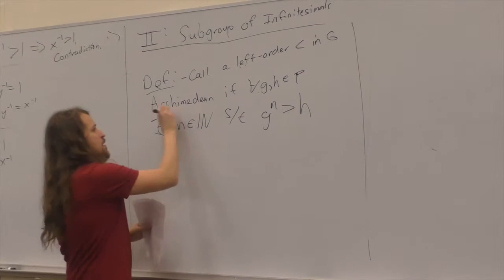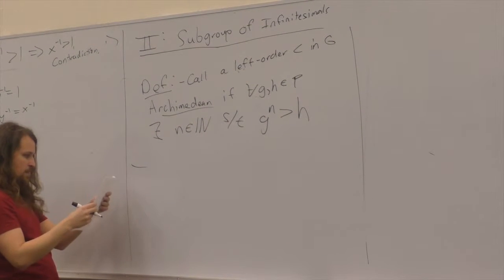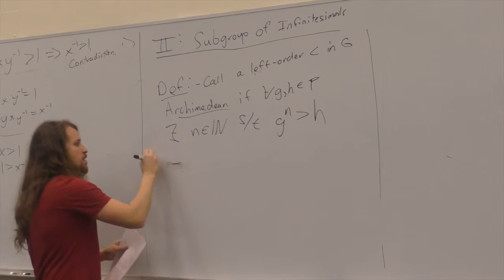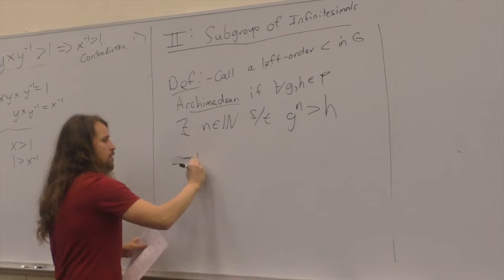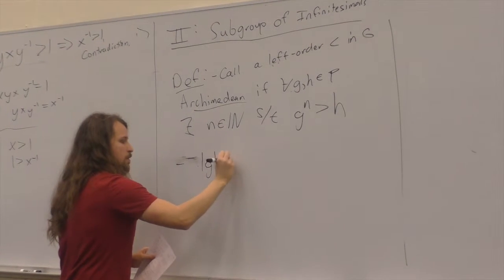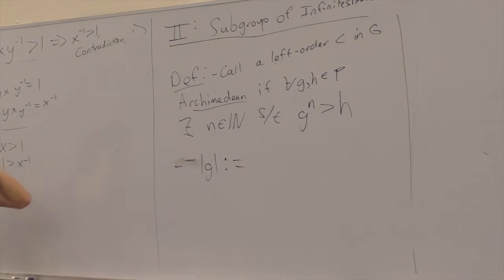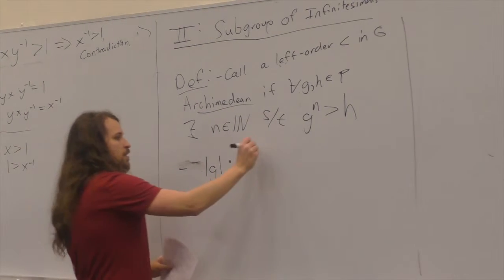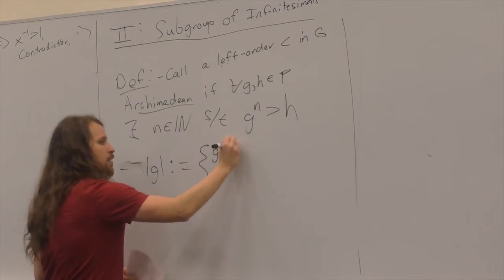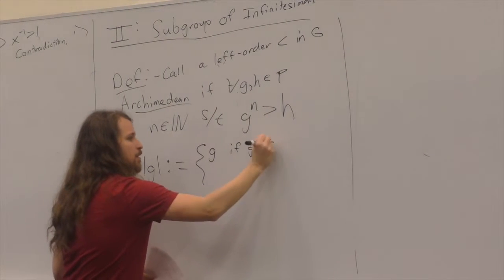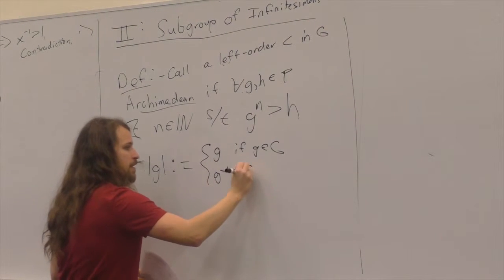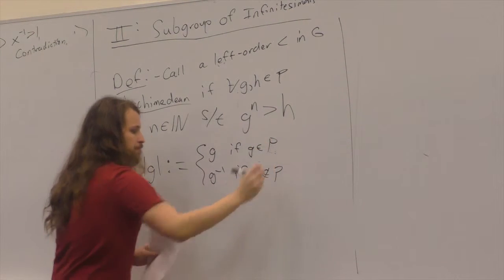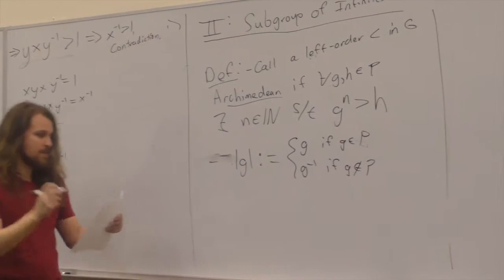Okay, and we need a few more things here. I'm going to define the absolute value. Basically, it will be what you think it should be. We're going to let this be g if g is positive, or g inverse if g is not positive.